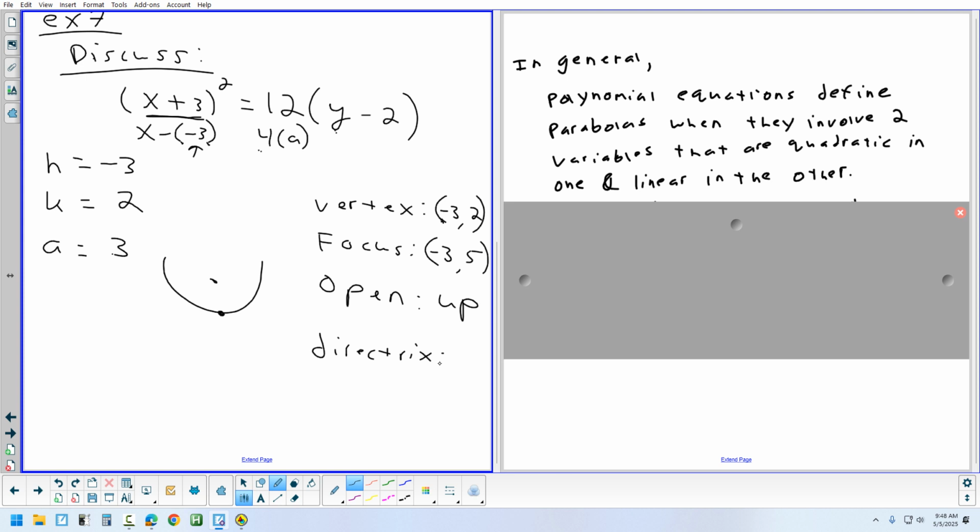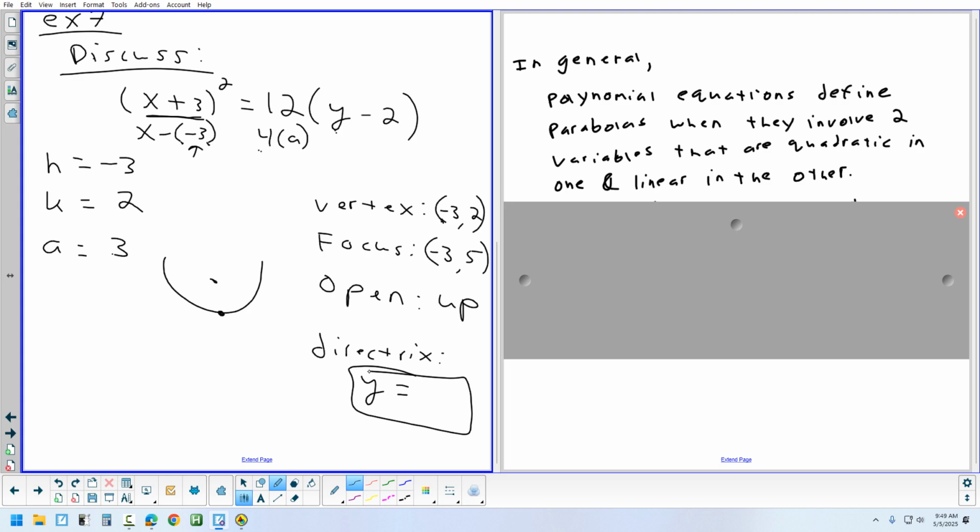Well, is the directrix going to be a horizontal line or a vertical line? It's going to be horizontal. And if the focus was 3 units above, the directrix is still 3 units. It has to be 3, but it's not above, it's below.